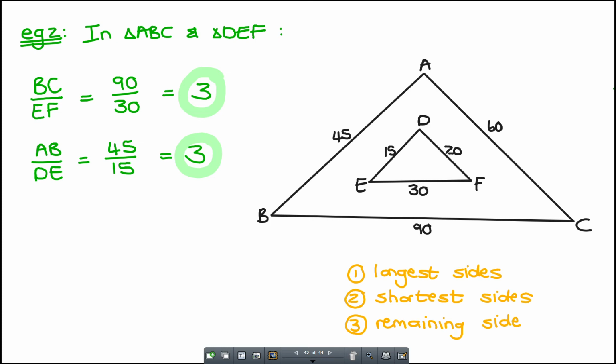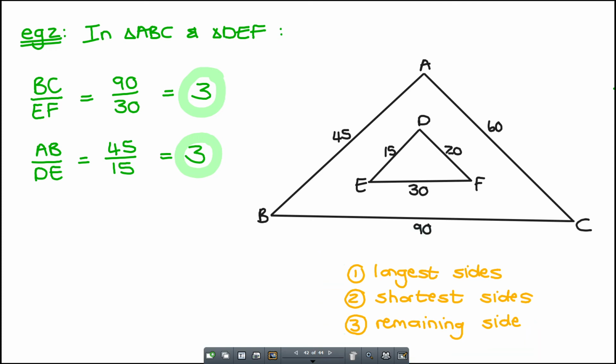Now listen. You can see why I can't use big triangle at the top and small triangle at the bottom and at the next one switch it. Because then I'm not going to have 3, I'm going to have a third, and then you're going to think they're not similar. So whatever format you use, use the same for all 3 steps.